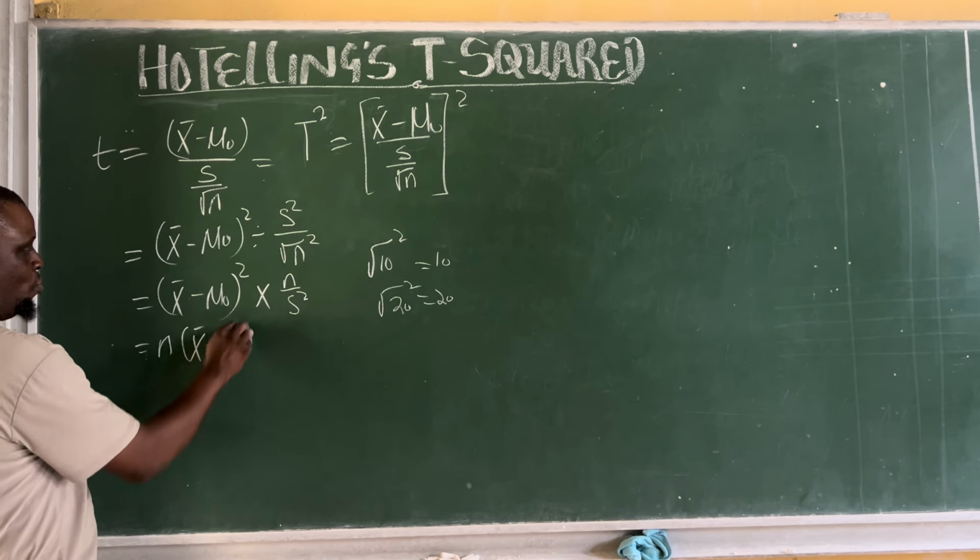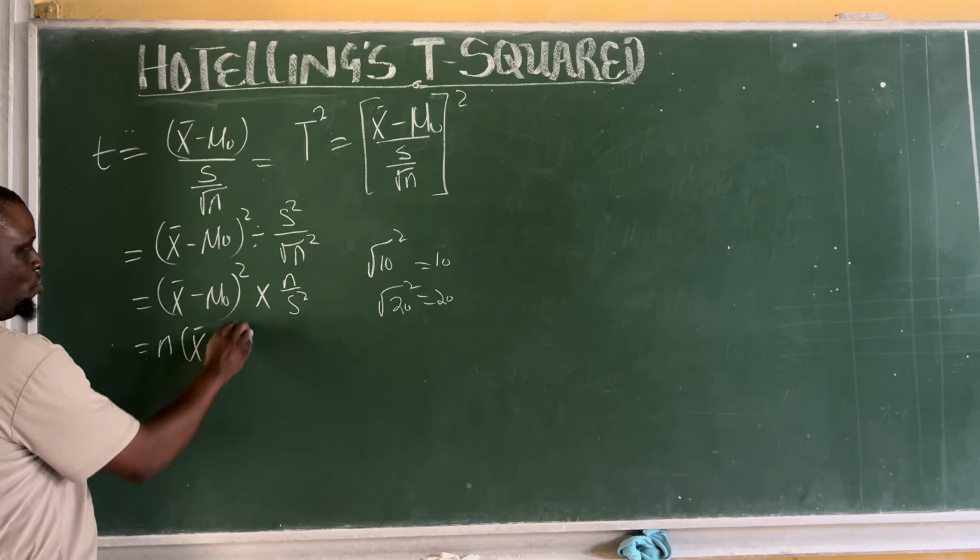So here we are left with 1 over S squared. Remember that this S is our variance. What we started with was standard deviation over root N, so when we square the standard deviation, we now have the variance. And 1 over any value is the inverse of that value.